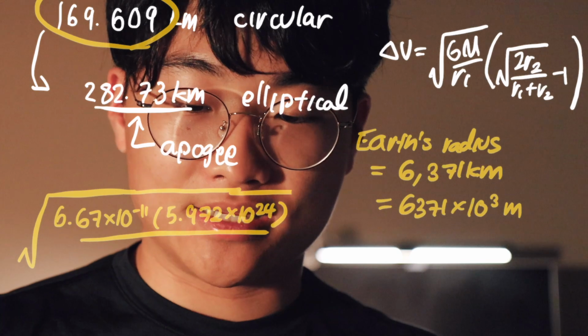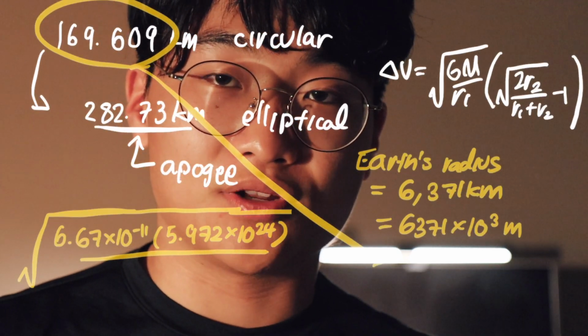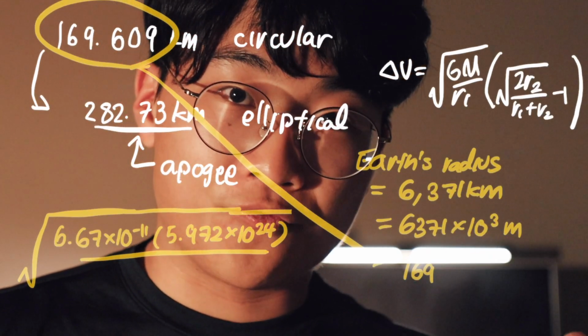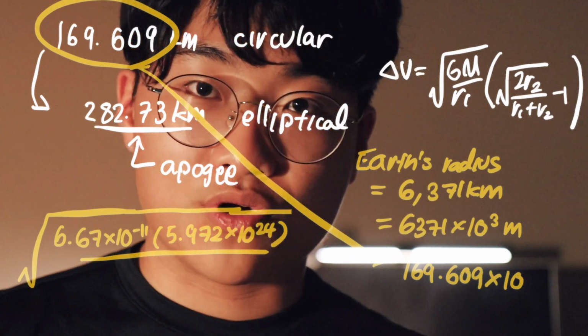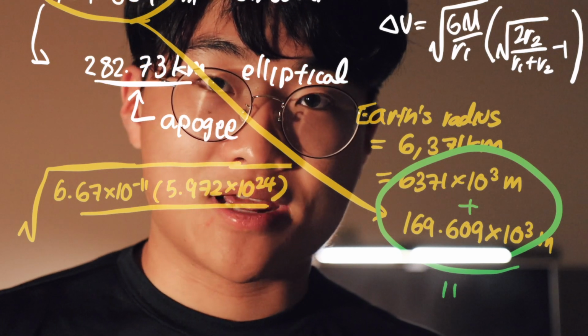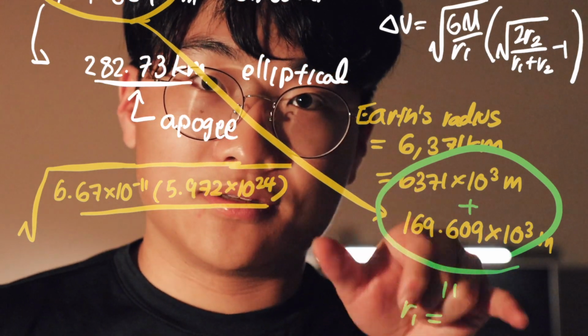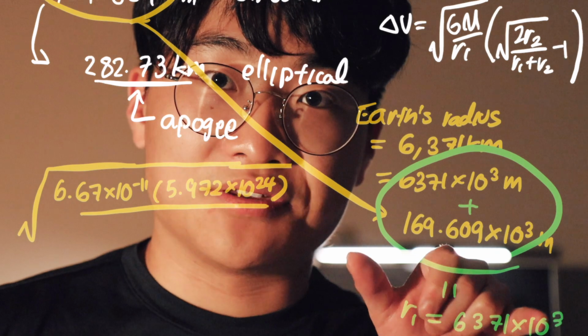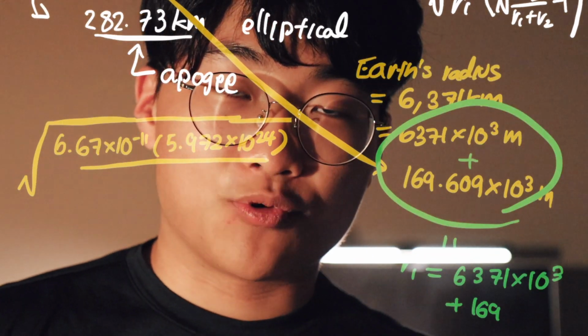The altitude itself is calculated from the Earth's surface to wherever the object is in space, but we have to account for that distance between the surface and Earth's center. So that's what we're going to do.